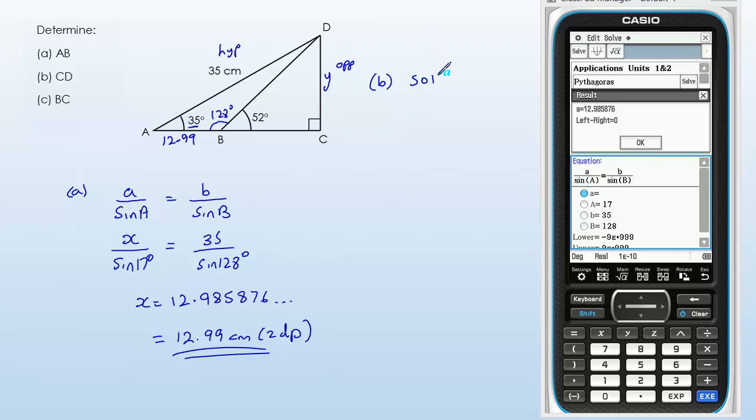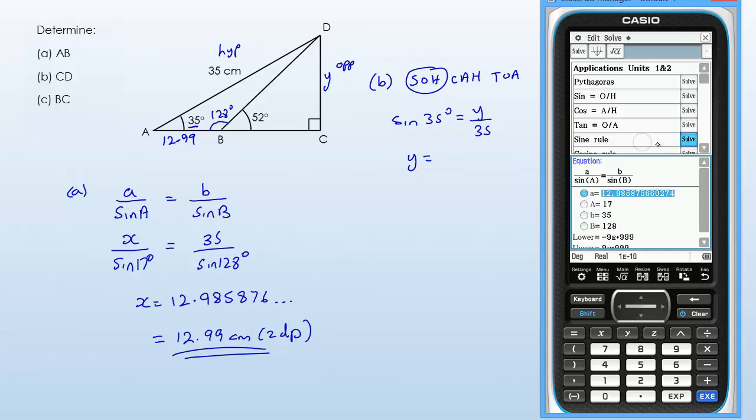So, SOH CAH TOA. Opposite and hypotenuse, we're using the sine. Sine 35 degrees is equal to y over 35. And since I'm right here, I'm just going to use the activity for that. So my angle is 35. The opposite is what I'm trying to find.